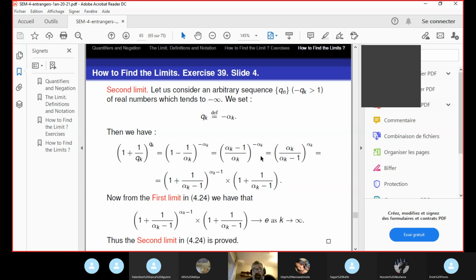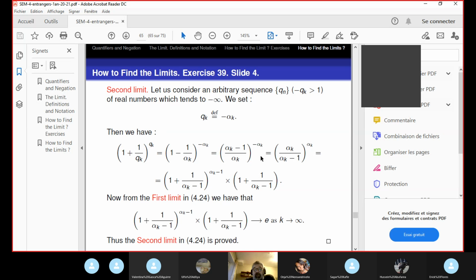So I write the power as alpha k minus 1, but multiplied by 1 plus 1 over alpha k minus 1. And attention, please, alpha k is greater than 1.